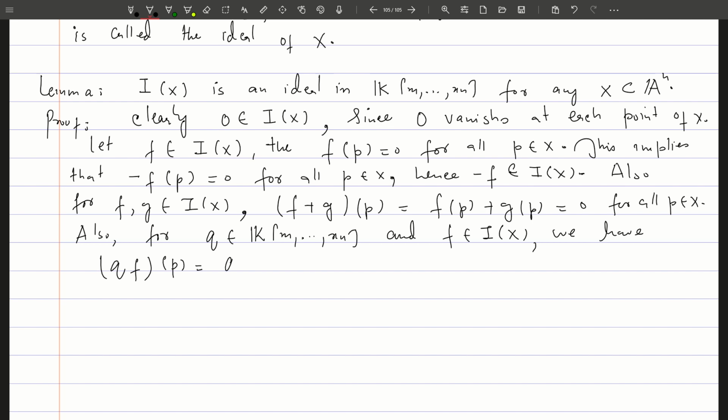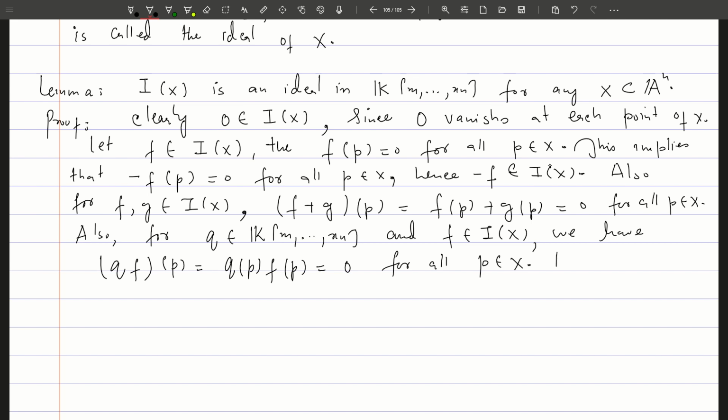So this is q(p) f(p), and this is 0 for all p in X. So this proves that I(X) is an ideal.